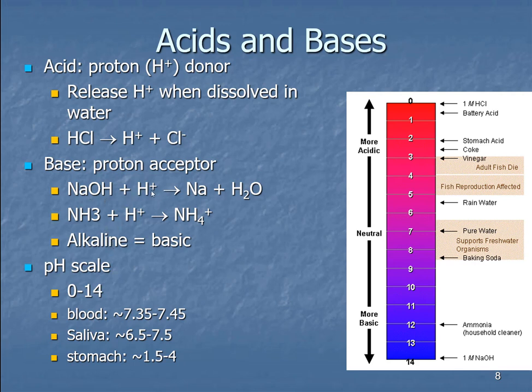This molecule would accept these hydrogens or protons, and you would get this dissociation. Another example is ammonia. If we have NH3, it will accept a proton, and you end up with NH4. So proton acceptors is a good way to define what a base is.